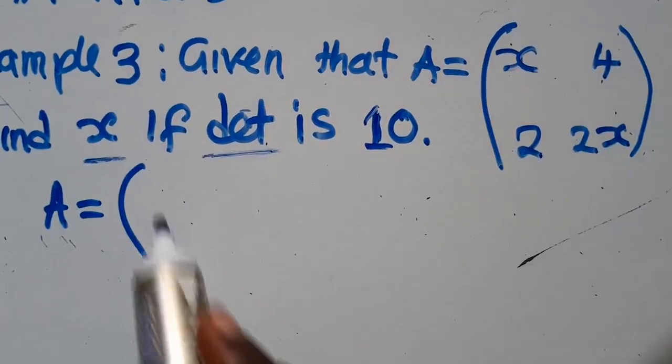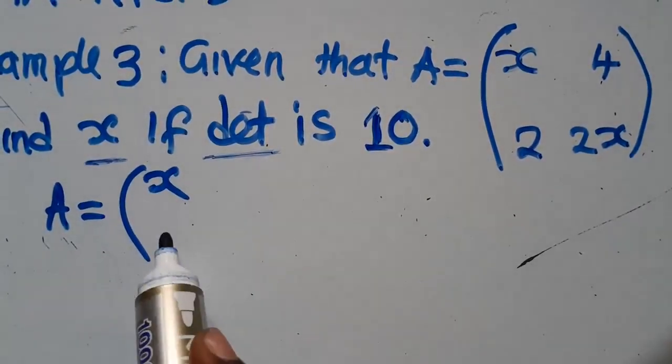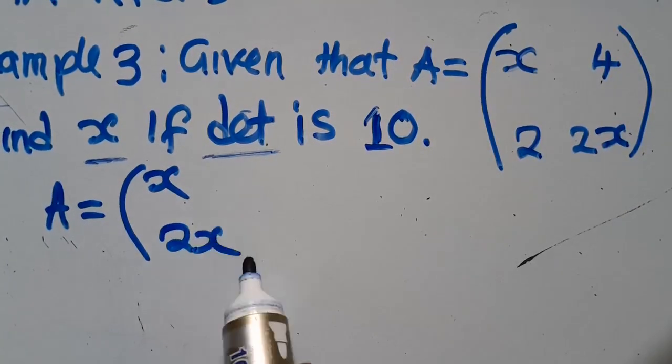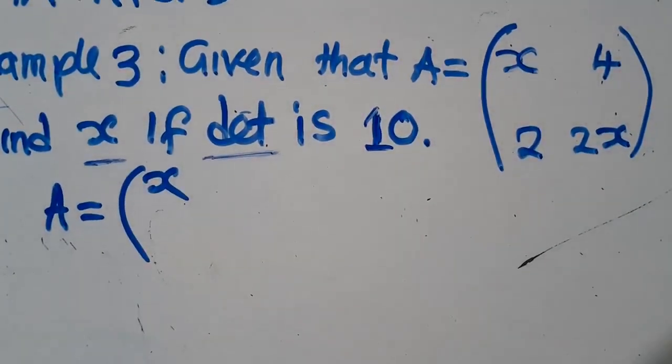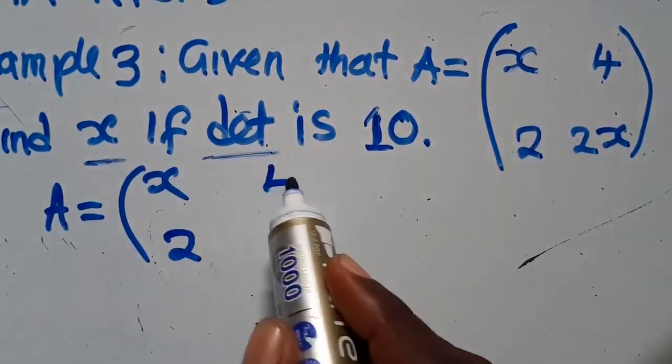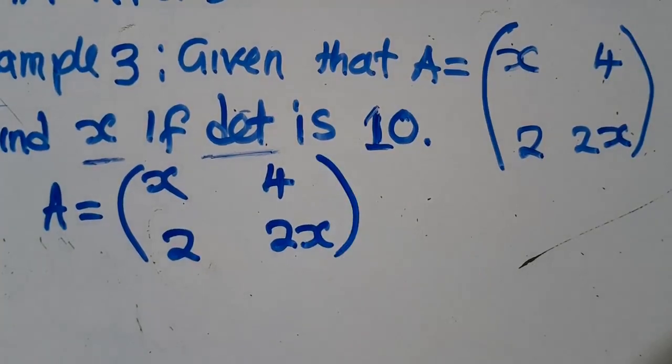This is our matrix. We've got x, 2x, 2, 4. This is the matrix that we are having.